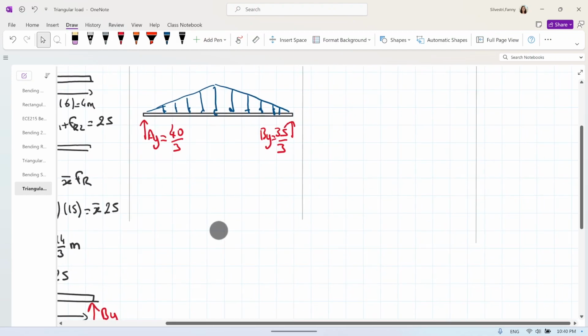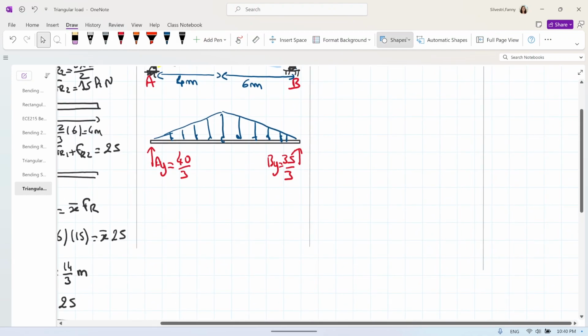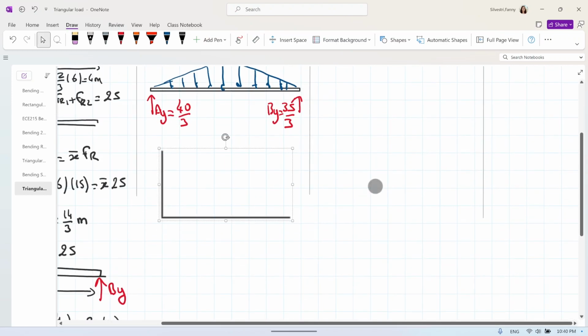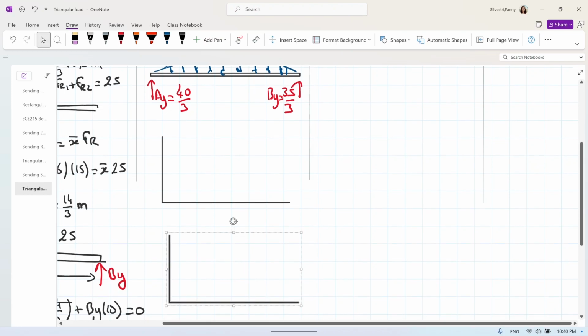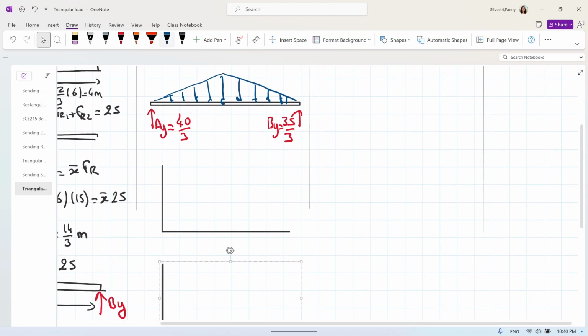So let's try, not to guess, but to start drawing the shearing diagram. I'm trying to use the tools that are all provided, but it's a bit more than what I was doing. Where we'll have some changes is what is important to draw.